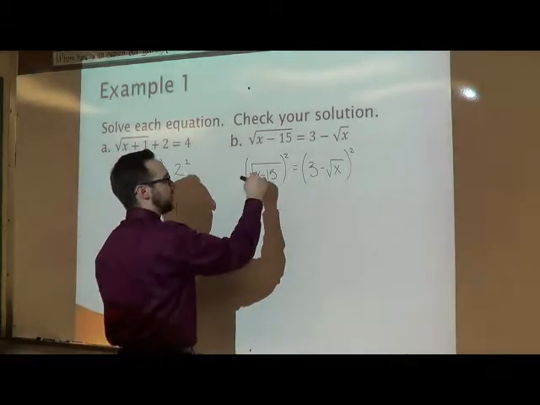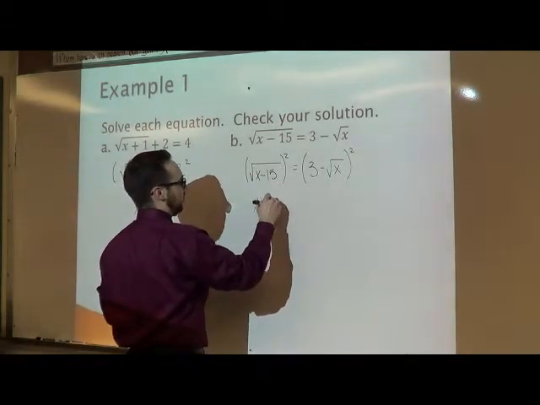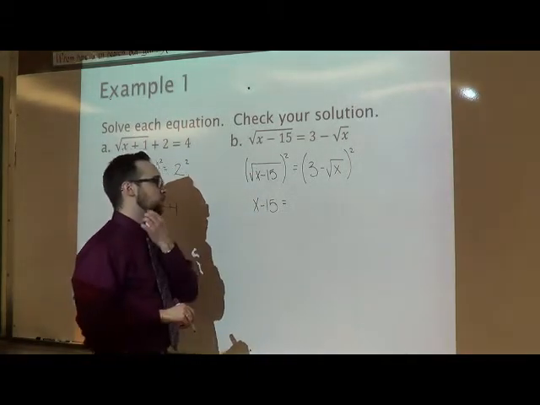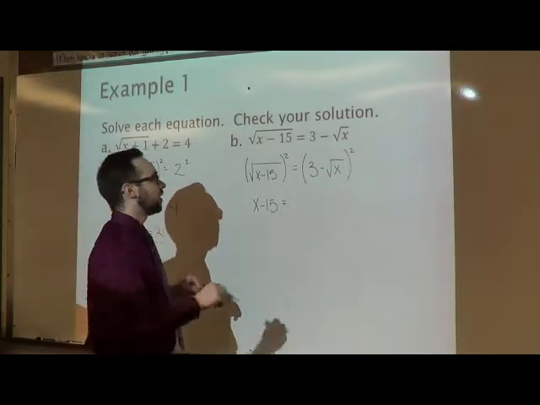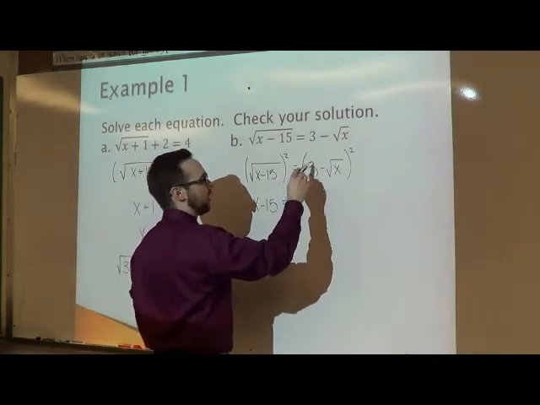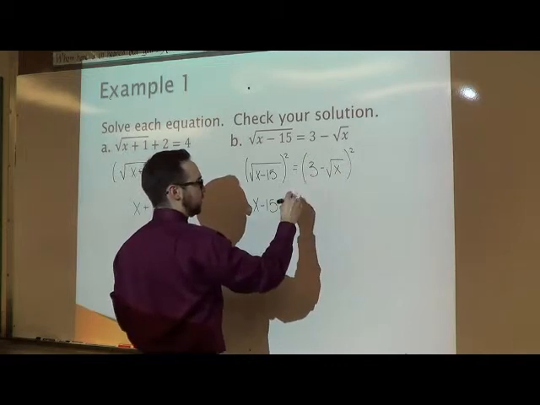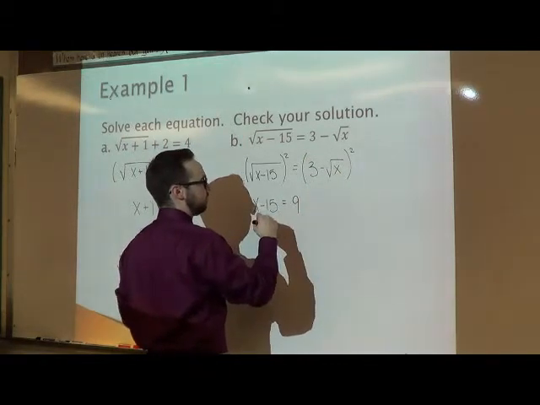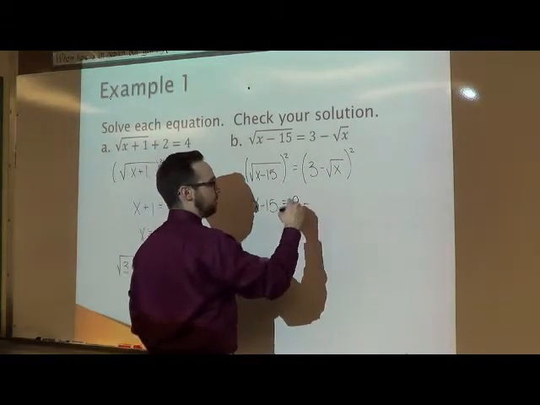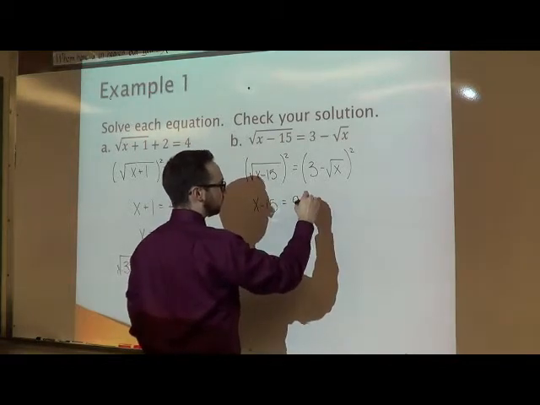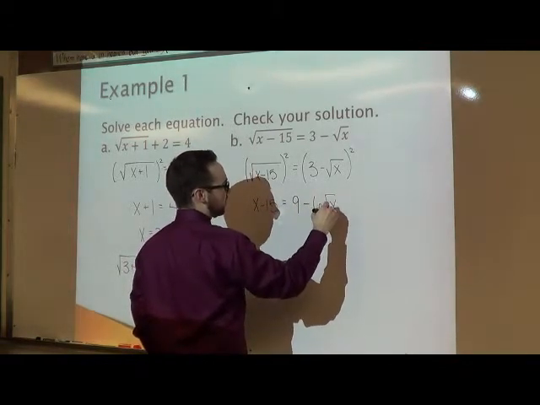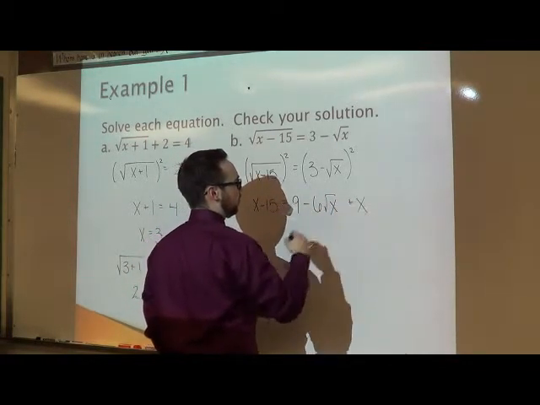So when I do that, this whole thing just goes away and we get x minus 15 is equal to, over here, we're going to multiply this, so we end up with 9 minus 6 square root of x plus x.